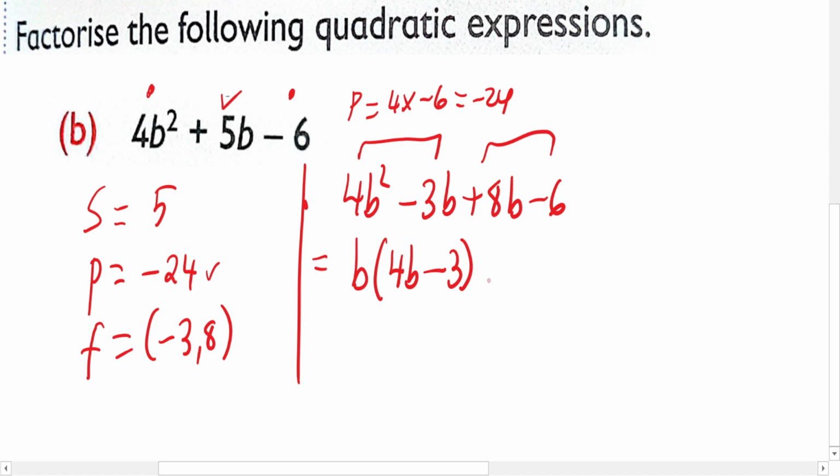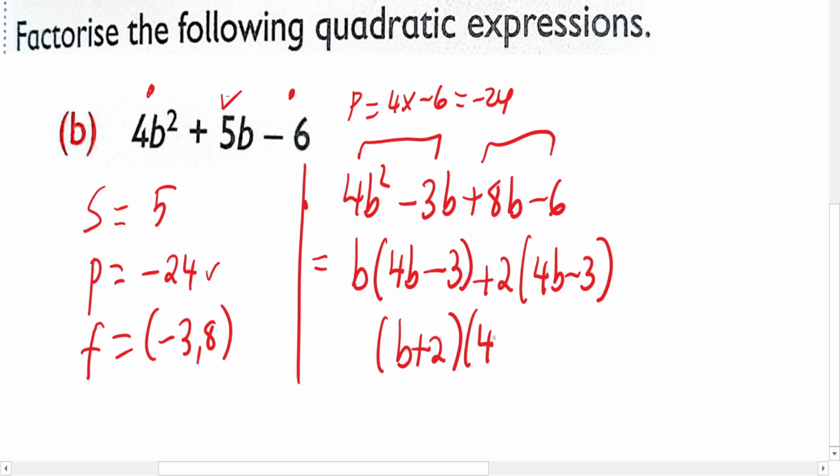And factorizing this gives 2 into bracket 4b minus 3 as well. Then collect it together: b plus 2 into bracket 4b minus 3. And that is that.